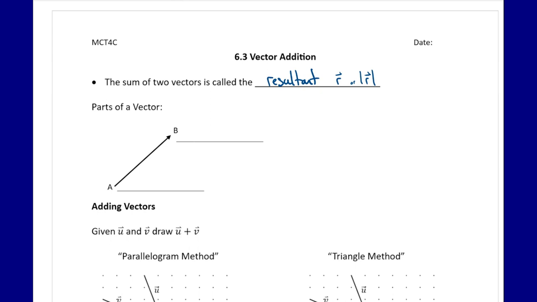When we're going through and adding vectors, it does help to know a little bit of terminology about the vectors themselves. This is vector AB.